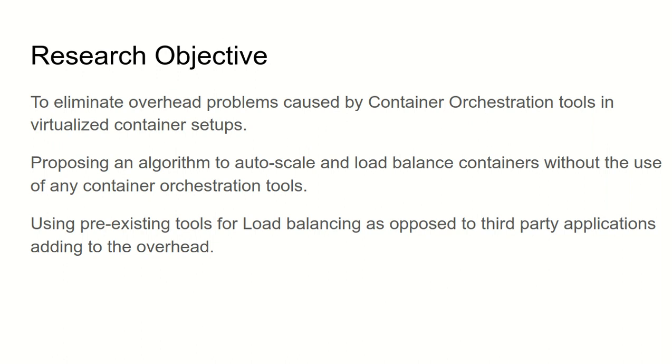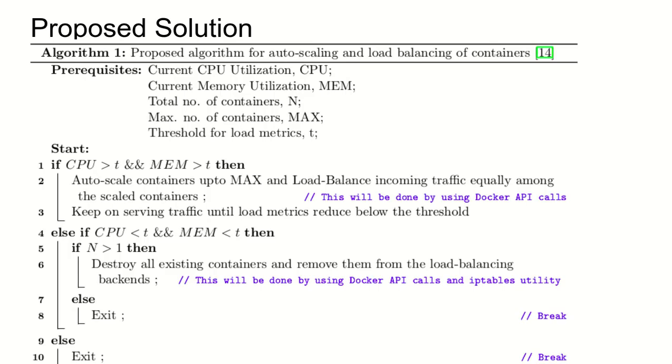So the objective is basically to eliminate the overhead caused by container orchestration tools, and we shall be proposing an algorithm which will not be using any orchestration tools, and load balancing will be done without any third-party applications, hence furthermore reducing overhead.